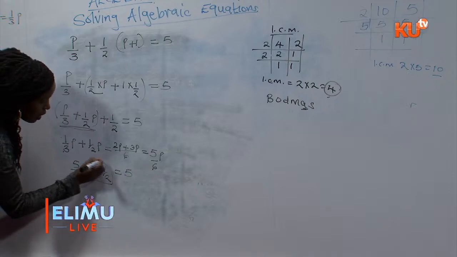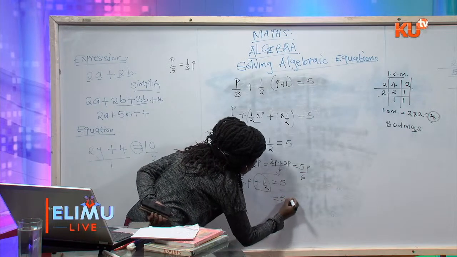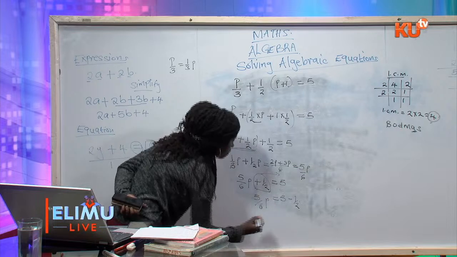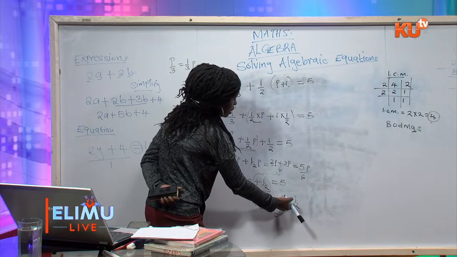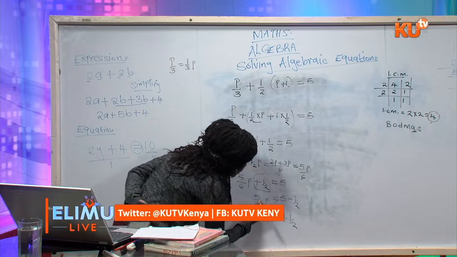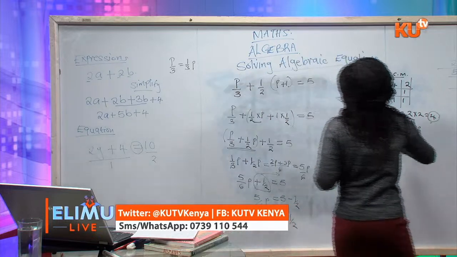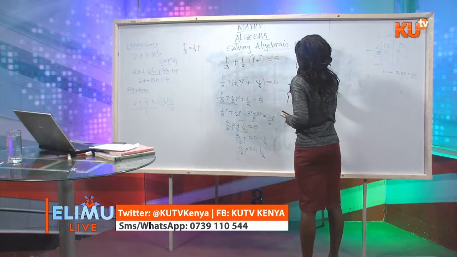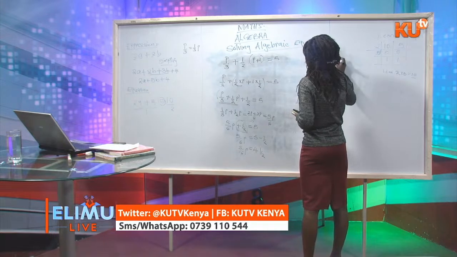I take this part, a half, to the other side. I'm going to have 5 minus a half is equal to 5 over 6 P. When you subtract 5 minus a half, you remain with 4 and a half, and on this side I have 5 over 6 P. I hope you're together. 5 over 6 P is equal to 4 and a half.